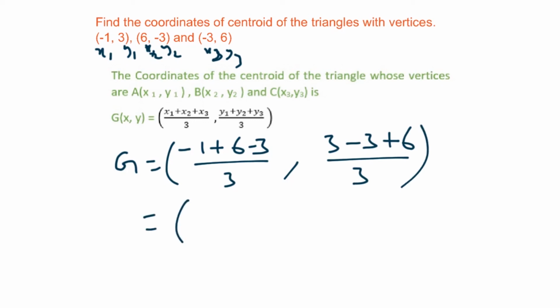So 6 minus 3 is 3, -1 plus 3 is 2, 2 by 3, comma, 3 minus 3 is 0, 6 by 3, 6 by 3 is 2. So this is the centroid of this triangle.